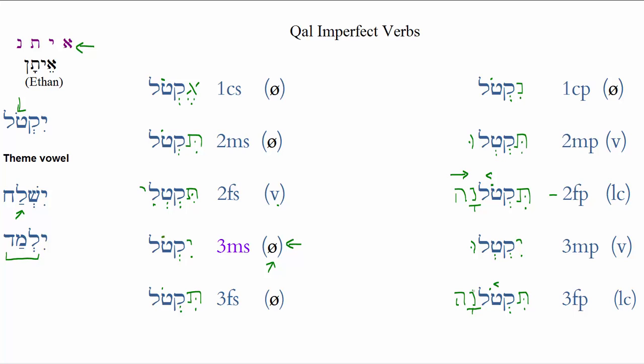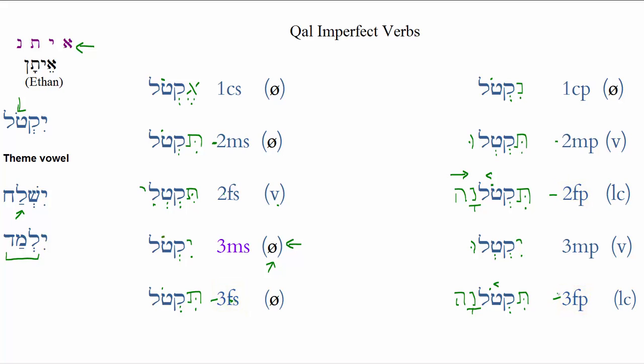You'll need to learn the prefixes. Note that all the second person forms have tav prefixes, 2ms, 2fs, 2mp, 2fp. All the feminine forms have tav prefixes, and so 2fs, 2fp, 3fs, 3fp.